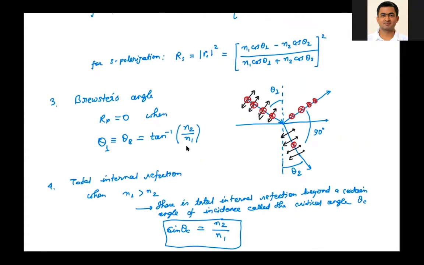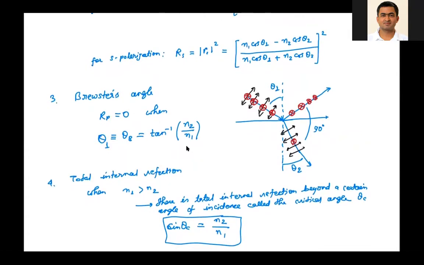The last concept that this lab covers is total internal reflection. I think you know from class 12 that when the angle of incidence is greater than some critical angle, given by the formula sin theta c equal to n2 by n1, you have total internal reflection.